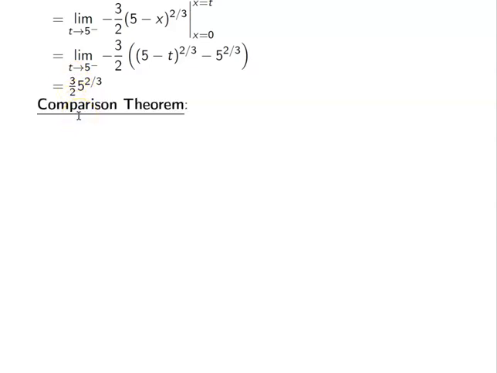Now that we have an idea of how to do improper integrals, we can use a helpful tool called the comparison theorem. The comparison theorem really helps us figure out whether an improper integral diverges or converges, especially if that integral is extremely difficult to find.